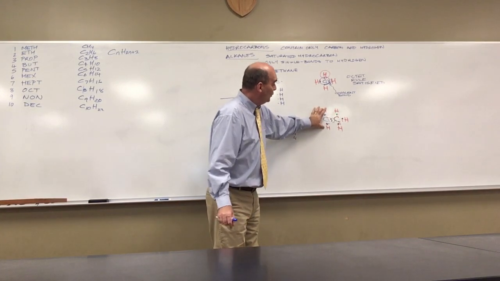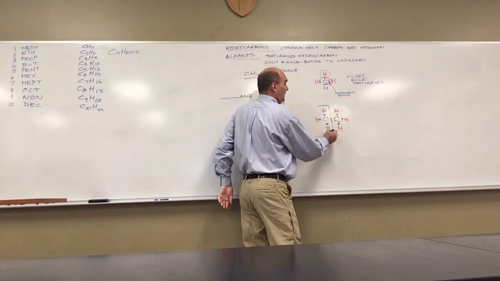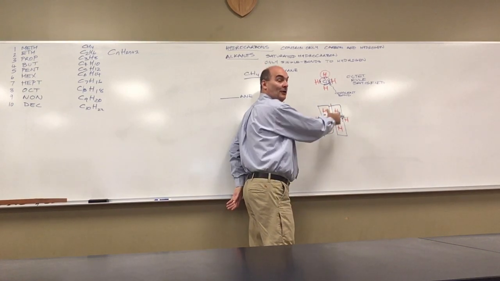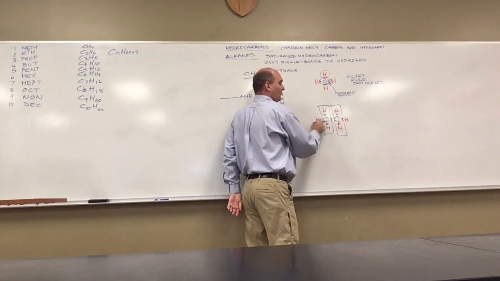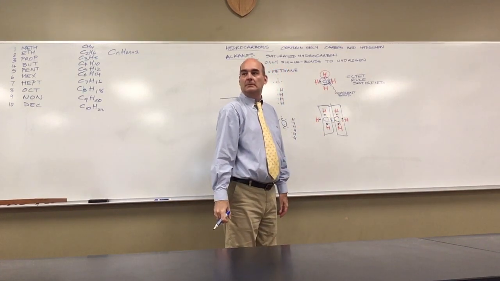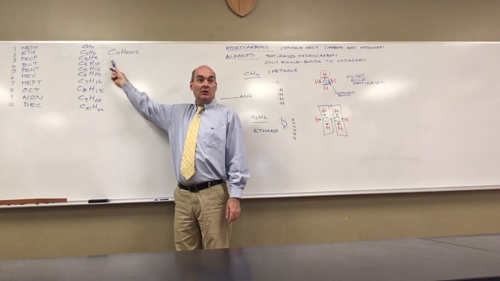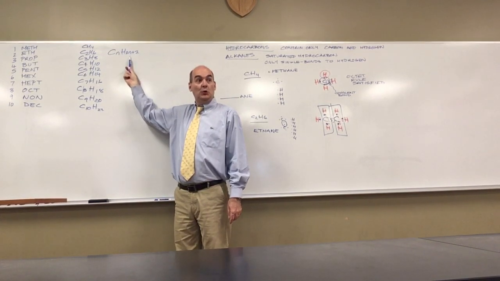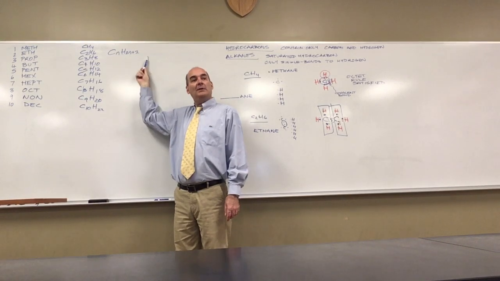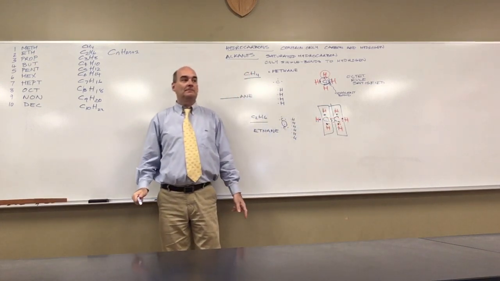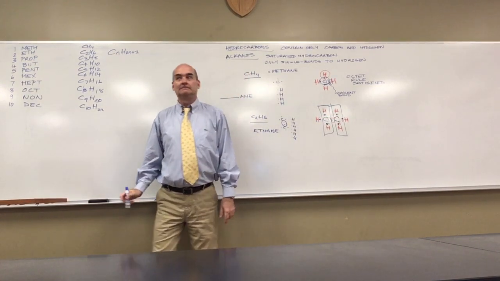So you get 2 for every carbon, 2 for that carbon, and 2 for that carbon, however long the chain is, and then 1 for each end. So whatever my number of carbons is, I'm going to require 2 times that amount of hydrogens, plus a couple to stick on, 1 at the front and 1 on the back. Okay?